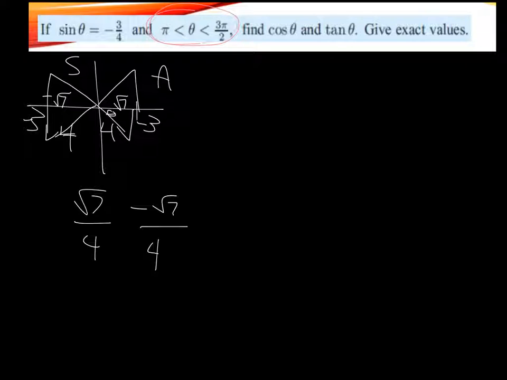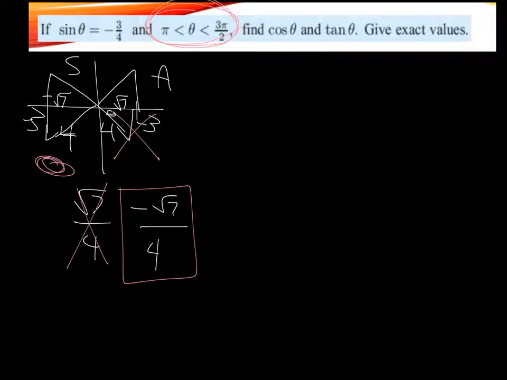We come back up to here, and they said that we are between pi and 3 pi over 2 radians. That's 180 to 270. So we're actually going to get rid of that triangle's answer because that's from 270 to 360. It doesn't fit the range that they said we should be in. So we're only looking here in this problem. So that was our negative answer, so we keep that as answer 1. And that's for cosine theta.